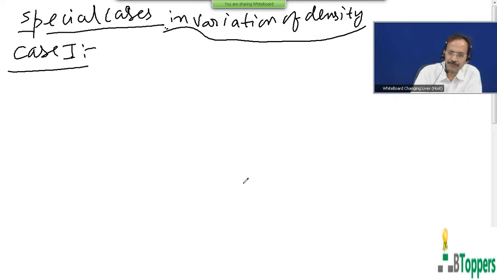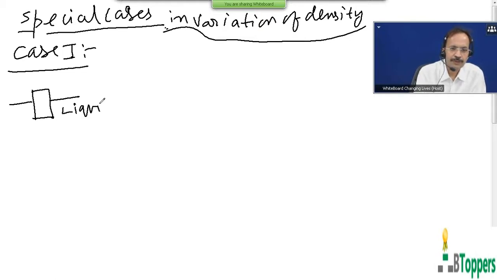So there are some questions related to both buoyancy and variation of density with temperature. For example, let us consider a block of mass m floating in a liquid with a fraction of its volume immersed inside the liquid.